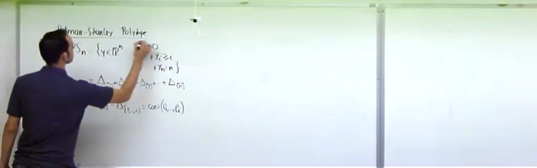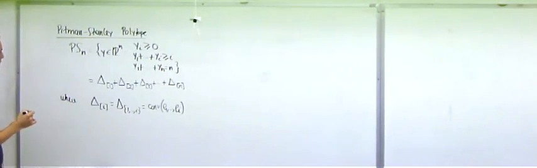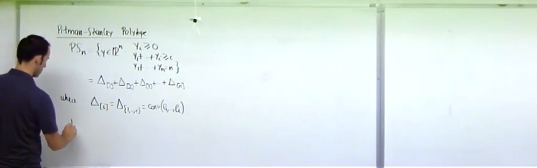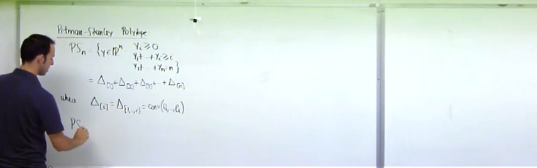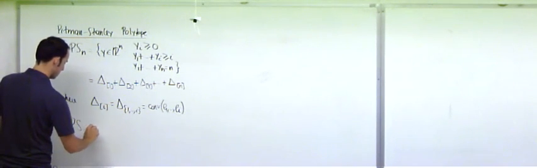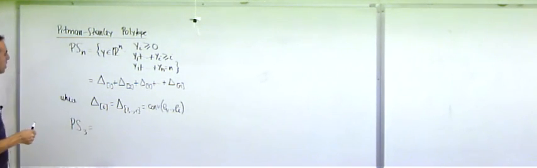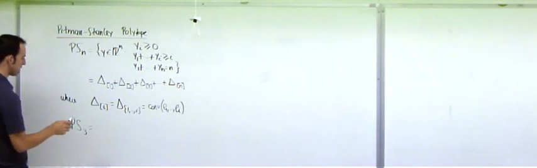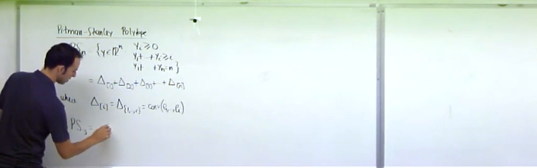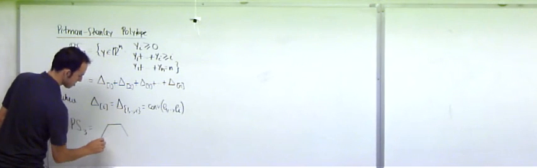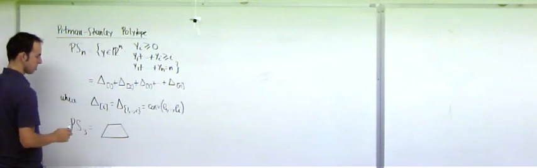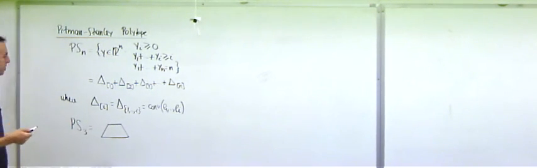Okay. And well, I drew one example because that's about as far as I can go. Actually, you could draw PS4 if you're very careful. But PS3 looks like this. We did it carefully last time. Okay.